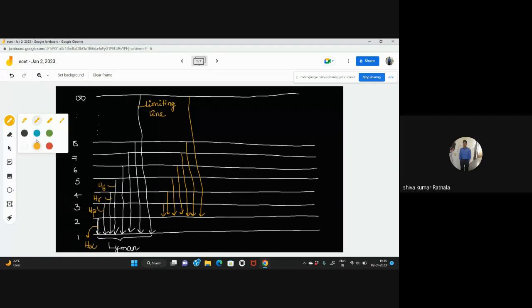In the Balmer series also, this is the limiting line. In any series, if N2 is infinity, that is called the limiting line. The first line is called H alpha, then H beta, H gamma, and H delta in any series. This series is called Balmer.